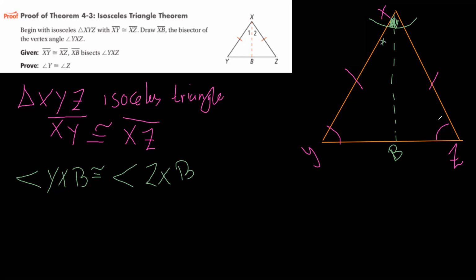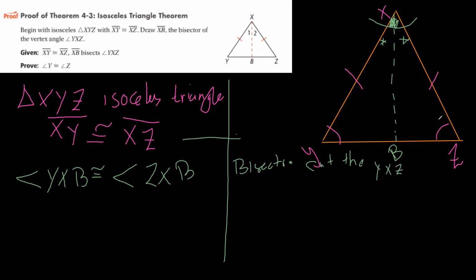This angle is congruent with this angle. Why? Because the bisector cuts the angle YXZ. And this one will be given.